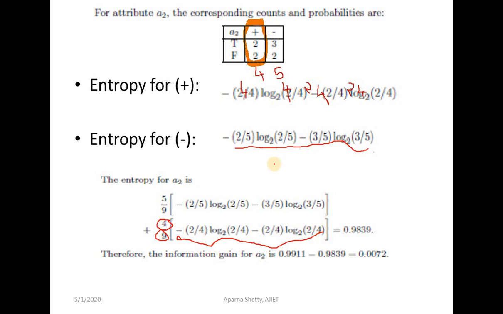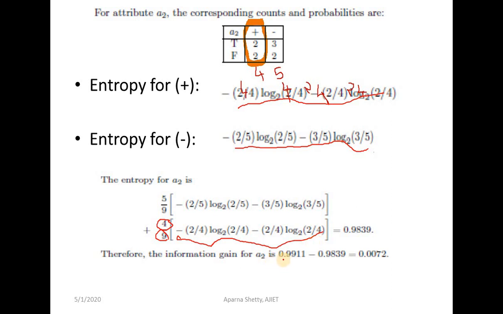What is the entropy for plus? This is what we have calculated: minus 2 by 4 log to the base 2 by 4 minus 2 by 4 log to the base 2 by 4, and this entropy for A2 you will get as 0.9839. Once we find the entropy, next we will calculate the information gain for A2.